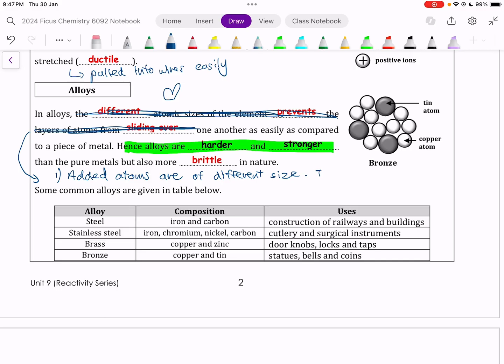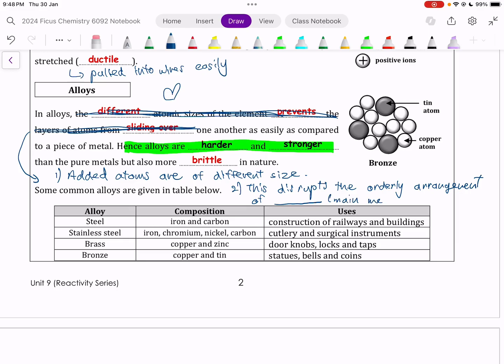The second thing, this disrupts the orderly arrangement of the main metal.